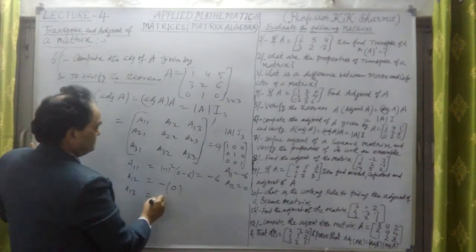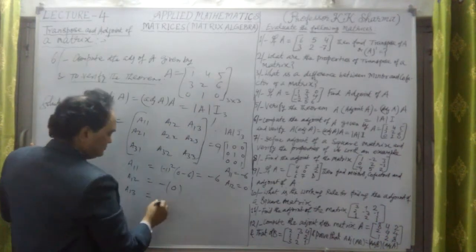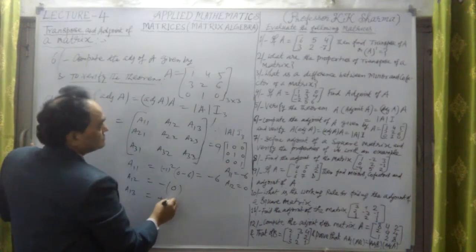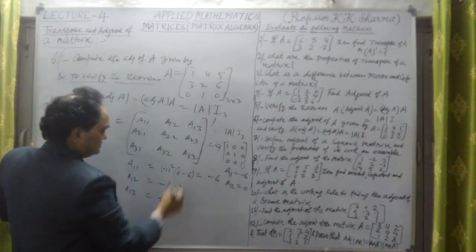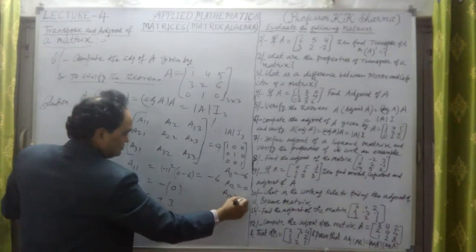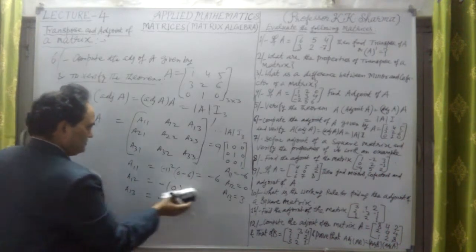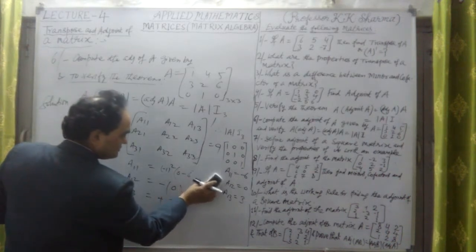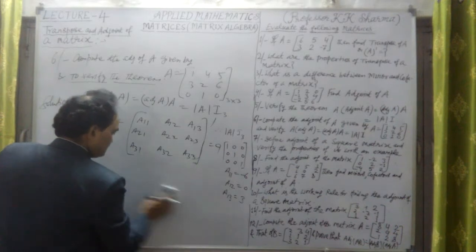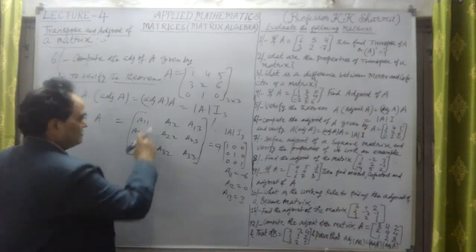This is positive because minus 1 to the power 1 plus 3 is positive, so A13 is plus 3. These 3 cofactors of the first row elements we have calculated.